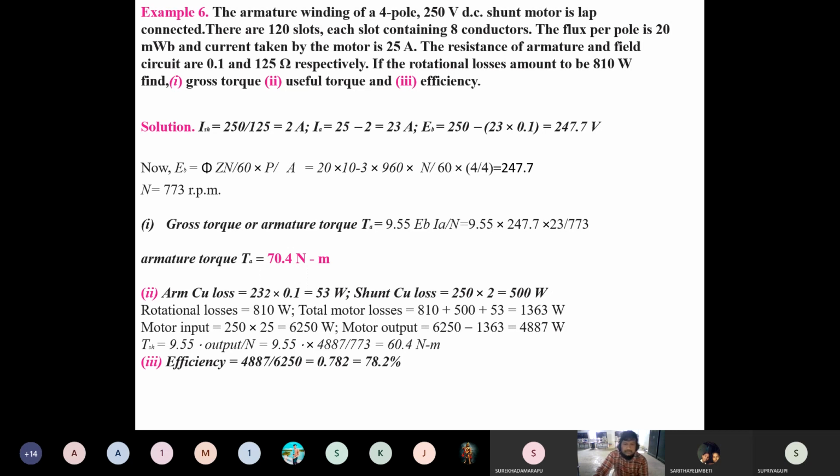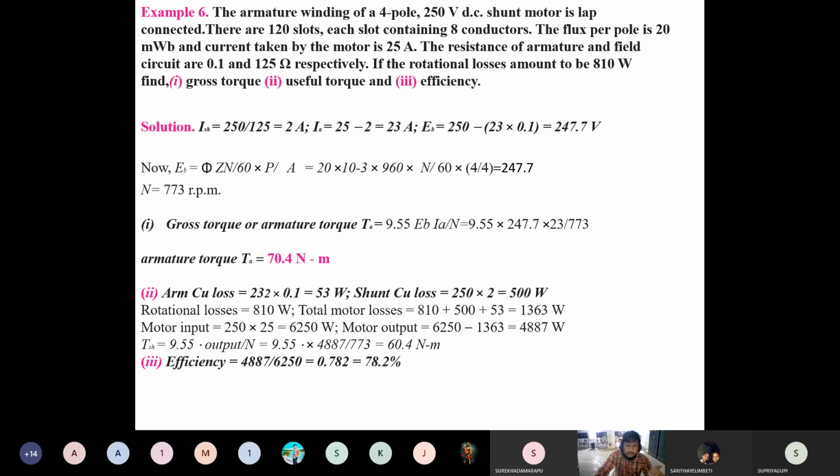So next, the last one, efficiency. We have to determine output and input, right? First, the motor output is nothing but input minus losses. Input is nothing but terminal voltage multiplied by load current.